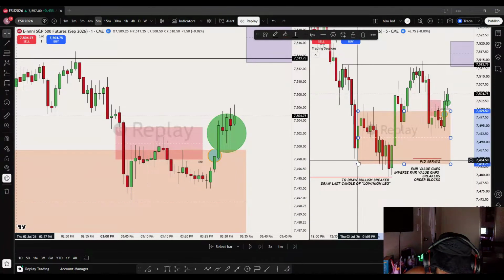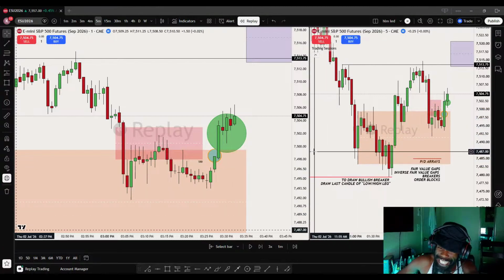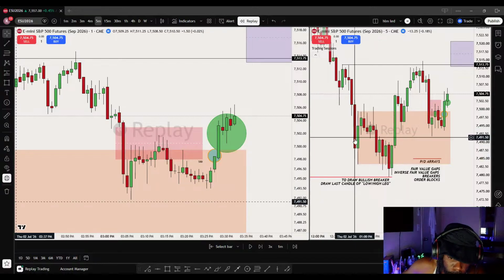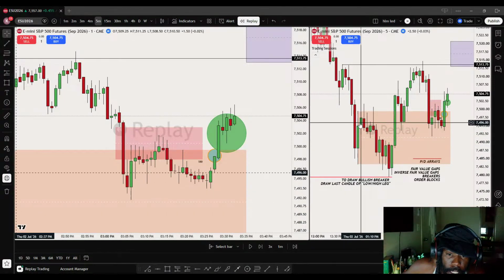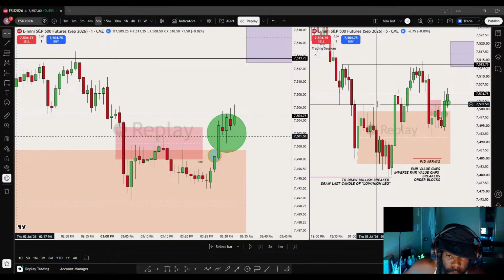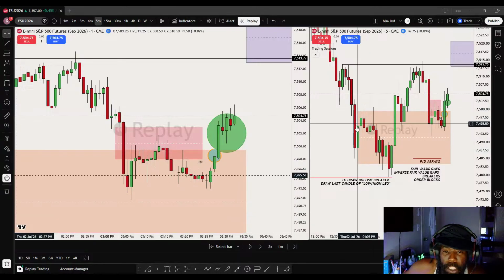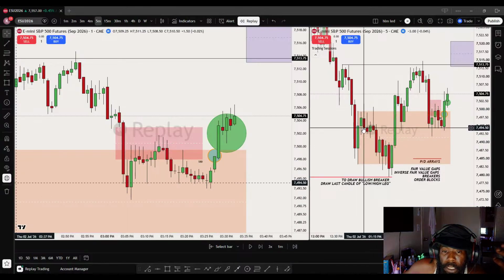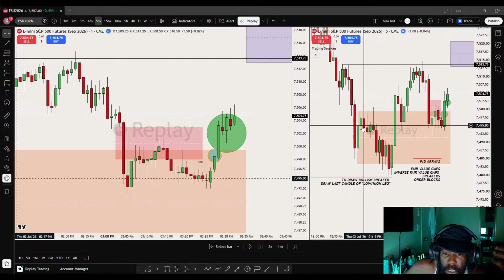This green candle right here and this green candle. That's actually the full breaker. But we don't draw out the whole thing, because sometimes it'll be more than 2 candles. Sometimes it might be 4 or 5 candles, long as hell, and now it's just a big box. But in that case, you still don't want to see it go any lower than this first candle, which it never did.